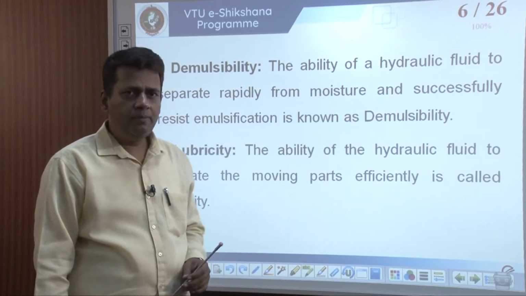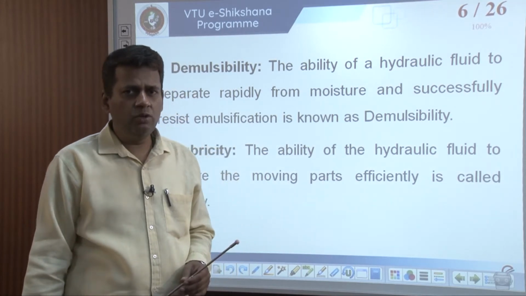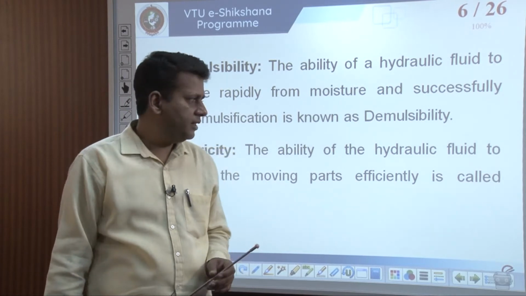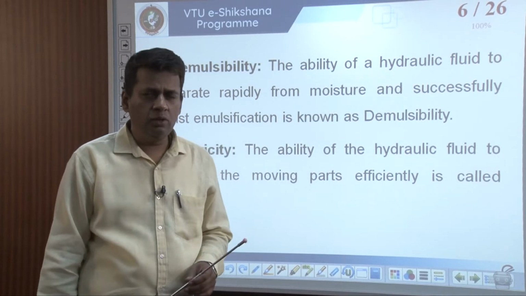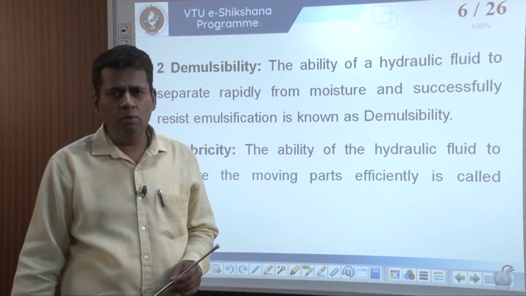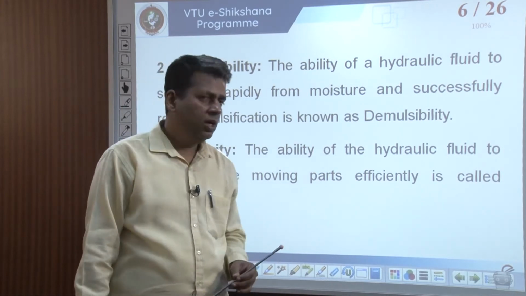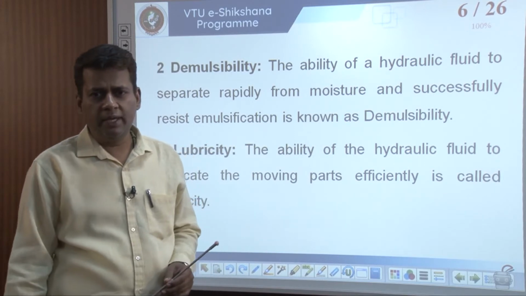The next important property of the hydraulic fluid, which is related to viscosity, is lubricity. Lubricity is very important. It is the ability of the hydraulic fluid to permit smooth relative movement between two layers. Lubricity is similar to lubrication.